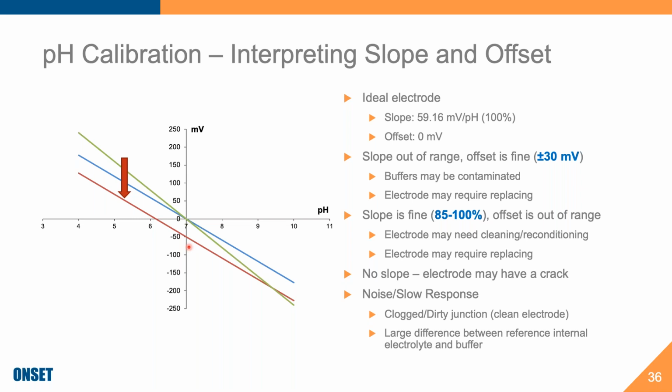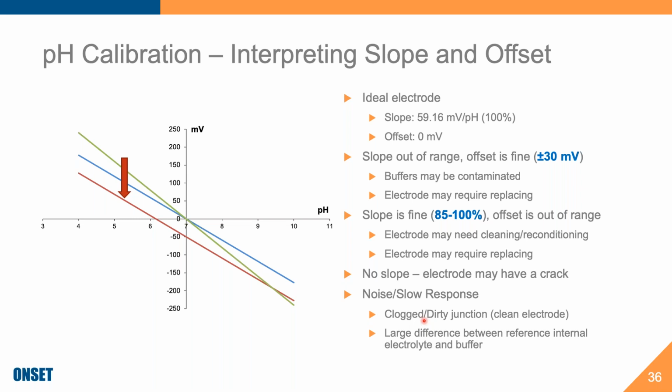If you have noise or a slow response, then it's probable that your junction is dirty. And so now we're going back to the bulb dynamics that I discussed, the potentials. Your bulb has the 3 layers, including the 2 hydrated layers. And if those are affected in any way, you'll have poor readings during calibration.